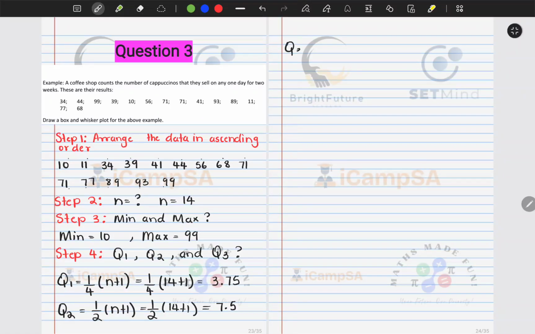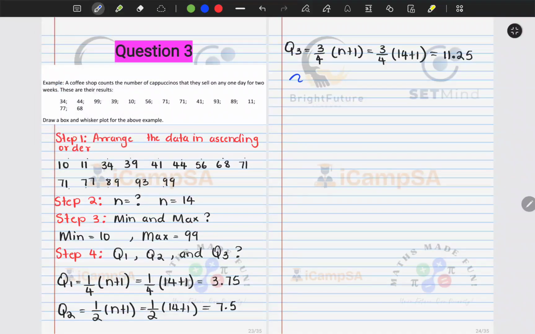Then we can go to Q3, still looking for our position. We have 3 over 4 into n plus 1, so 3 over 4 into 14 plus 1. That is going to give us 11.25.